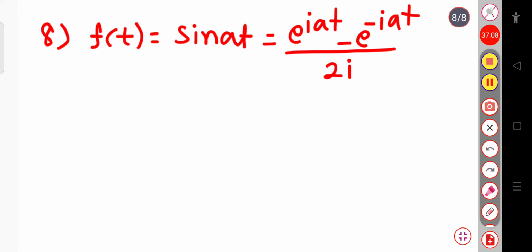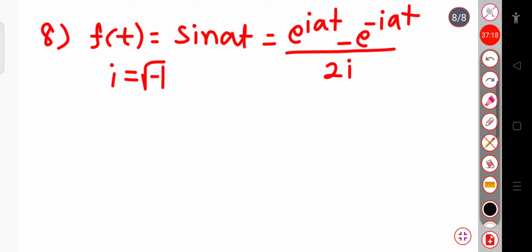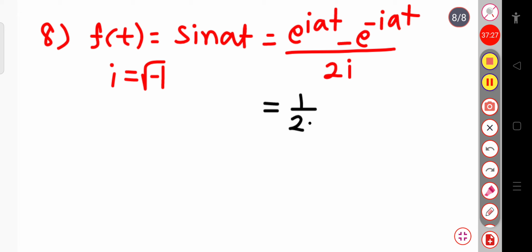This i is iota, root over minus 1. If I separate the two terms, this will be 1 by 2i into exponential iat minus 1 by 2i into exponential minus iat.